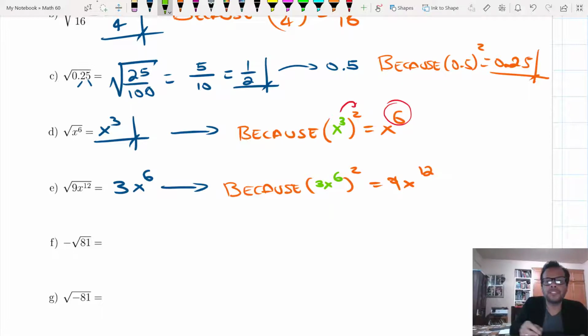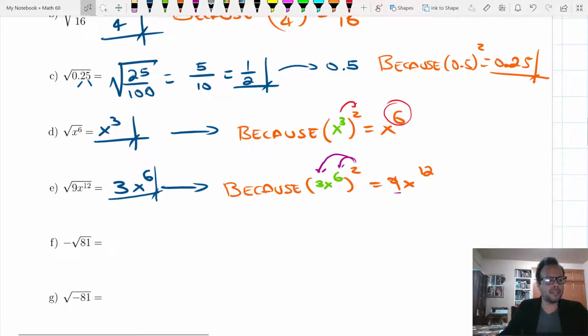So in this case, when we square both numbers, if we square the 3 and then we square the x to the 6th, right? When we square the 3, we get the 9. And when we square x to the 6th, we multiply the powers. 6 times 2 equals 12. All right? So that's why, final answer.